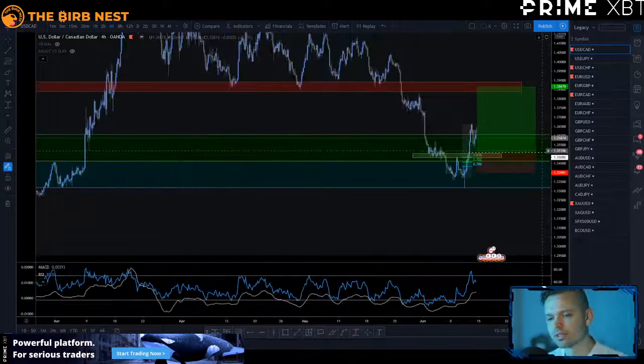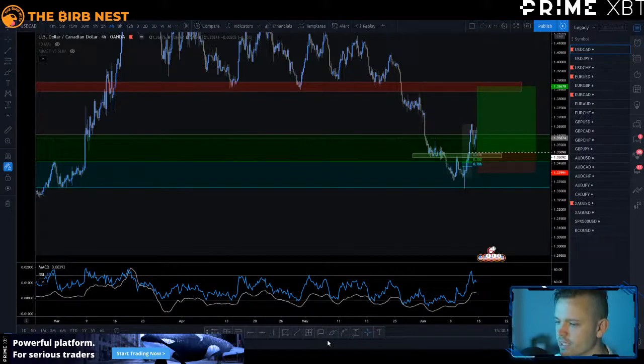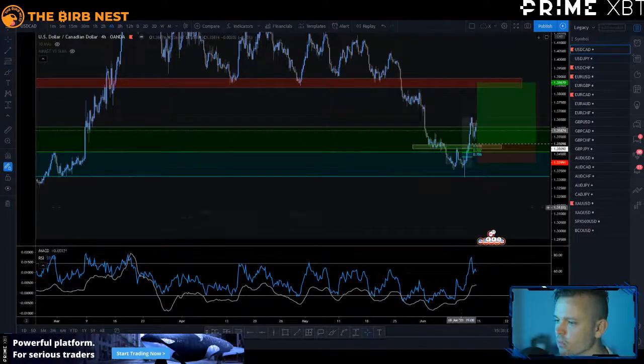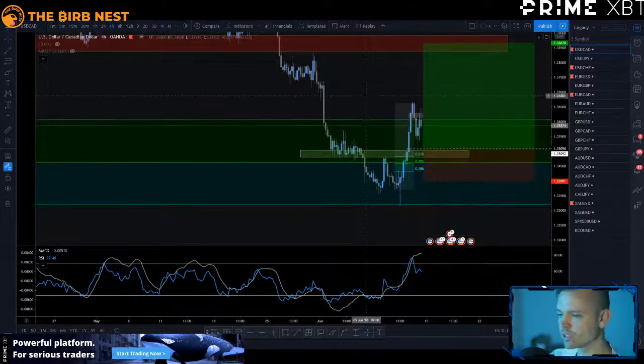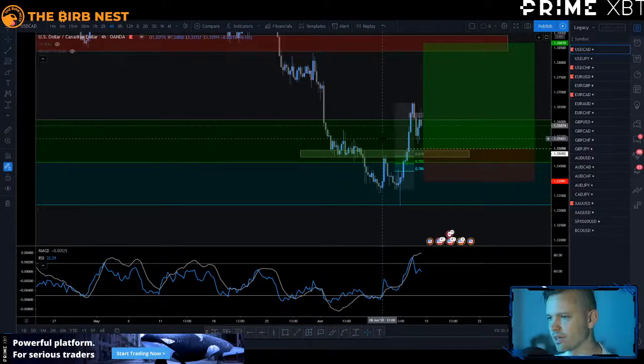What I'm working on too is to really get the best possible entry, which would be down in this area. So I'm trying to figure out what would be a safe entry when, obviously as a price action trader, you want to trade the actual market structure and you want to get in on the trend when it's actually happening.